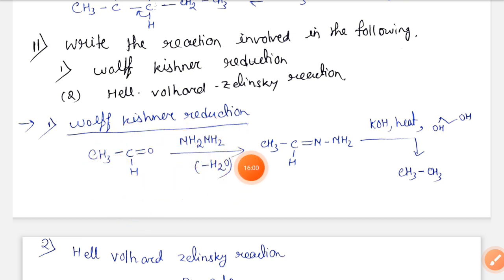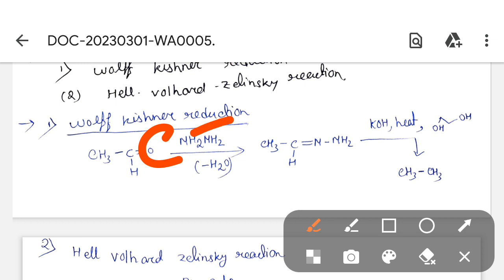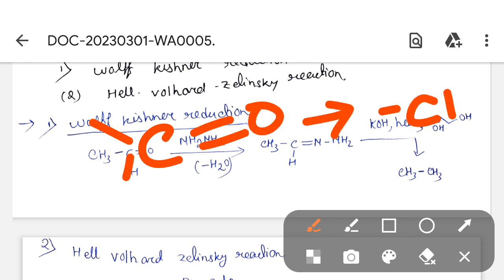If we add NH2NH2, that is hydrazine, then water is lost and the hydrazone product is formed. Next, if we give KOH, heat and ethylene glycol, then an alkane is formed. In the Wolff-Kishner reduction, the CO group is converted to a methylene group, that is a CH2 group.